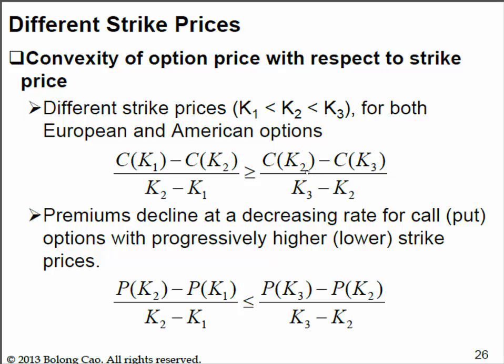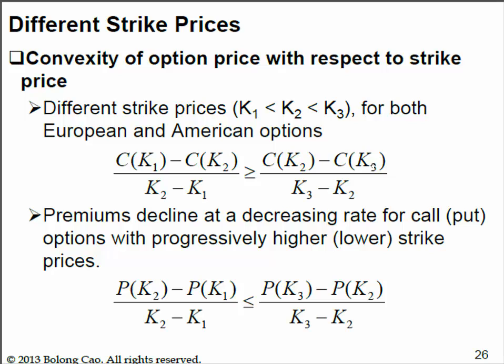The call premium change from K2 to K1 is $5, so on the left hand side, it's a half. And on the right hand side, the call premium change from K2 to K3 will be below $5. It should be either $4, $4.50, some number below $5.